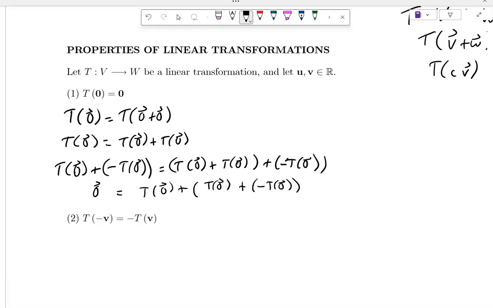Because now, in these parentheses here, what do we get? 0. Yeah, good. So to finish this off then, I would have 0 equals T of 0 plus the 0 vector, or I just get 0 equals T of 0.